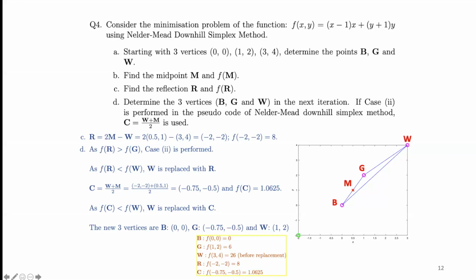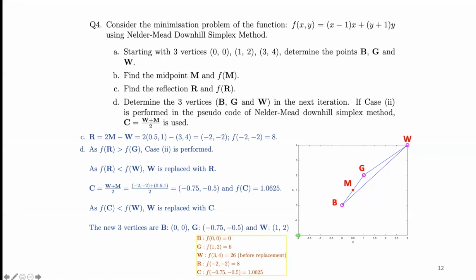So the final W should be 0.75. Yes, if you are looking at this step, W, that is C. But what I'm talking about is that when we go back to the top of this flowchart, we have to relabel the BGW.